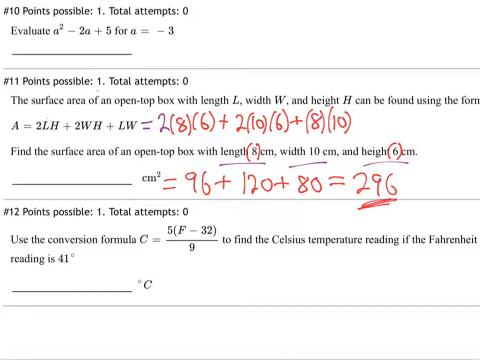What answer are y'all getting? Right, good. So we take that 41 and we plug in right there for F, because that's the Fahrenheit temperature. So we plug that in, so we get 5 times 41 minus 32 over 9.